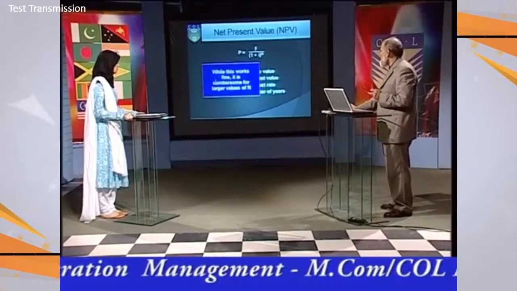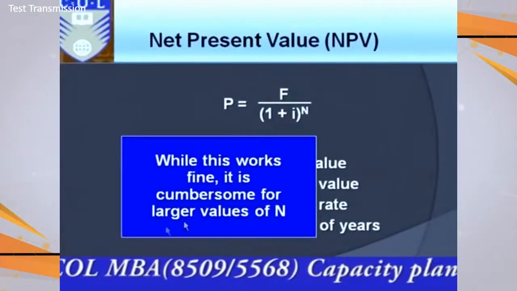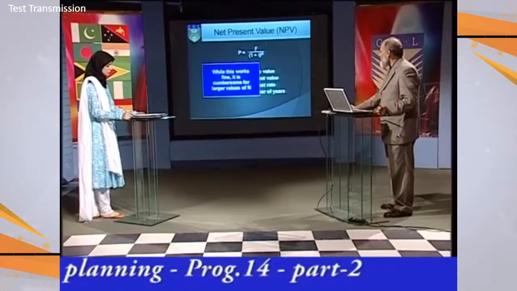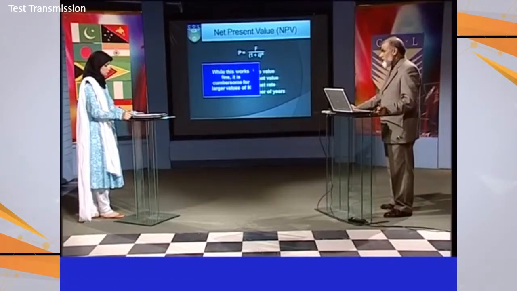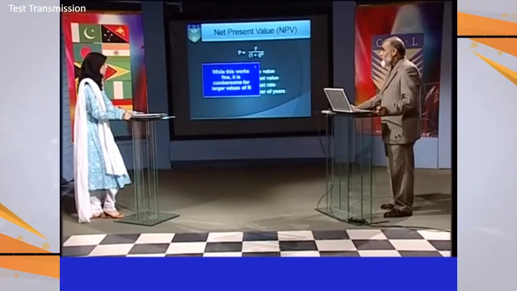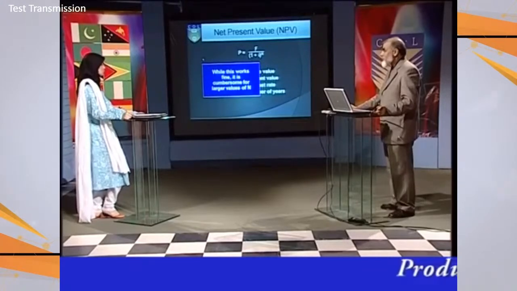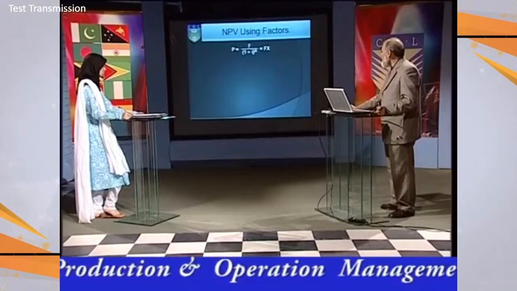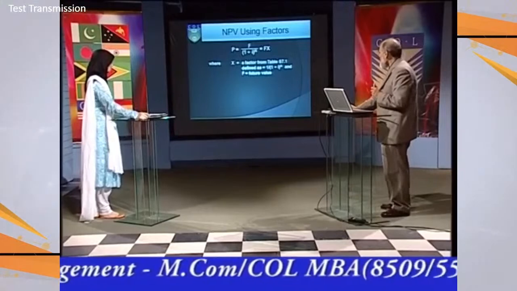While this works fine, it is cumbersome for larger values of n. Means if n is 2 years, 3 years, 4 years, 5 years, this formula is all right, but it is cumbersome. As the n grows, let's say n goes to 20 years, how are you going to do it? The mathematicians have come up with the tables, what we call interest rate tables or discount tables, or factors, we'll be coming up with shortly.